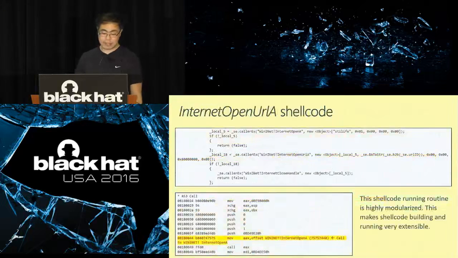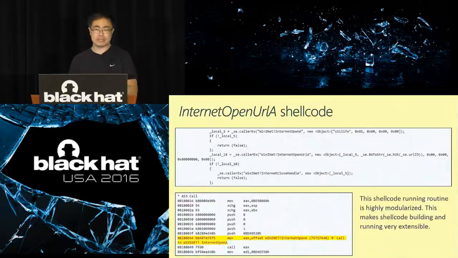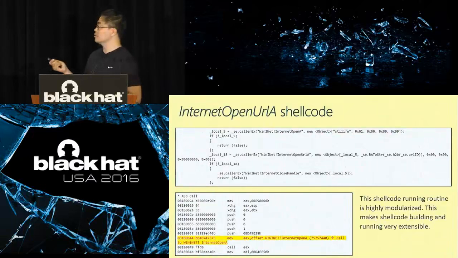These things are very interesting because this kind of modularized approach actually makes writing shellcode ROP-less. So there is no ROP involved, but the shellcode writing becomes something similar to scripting.